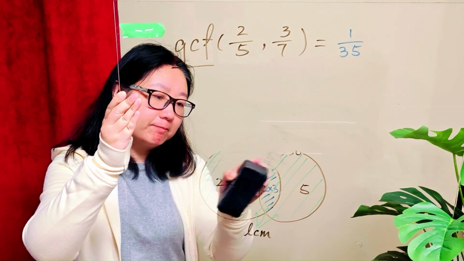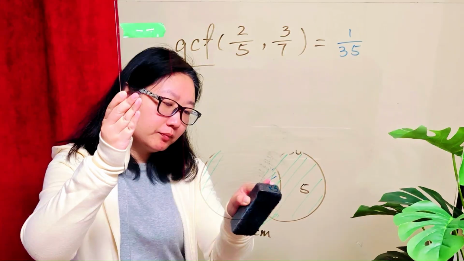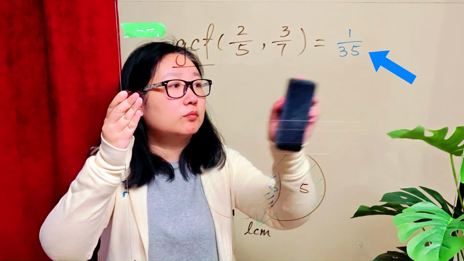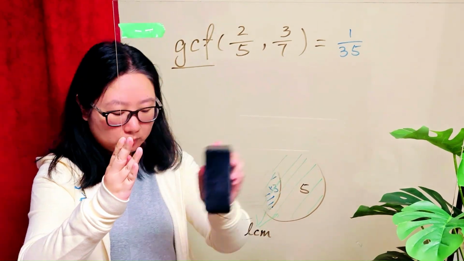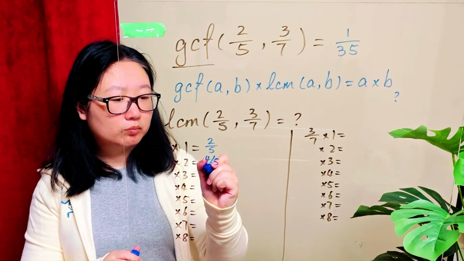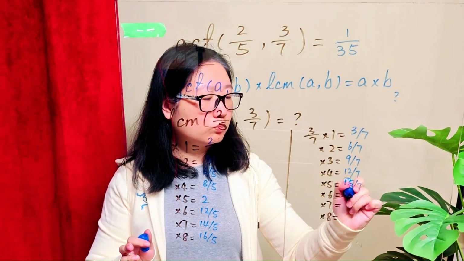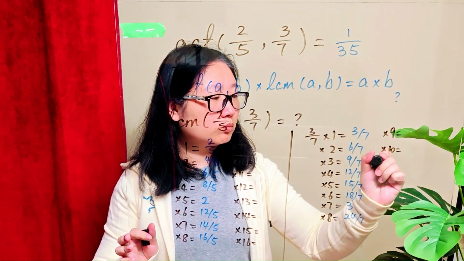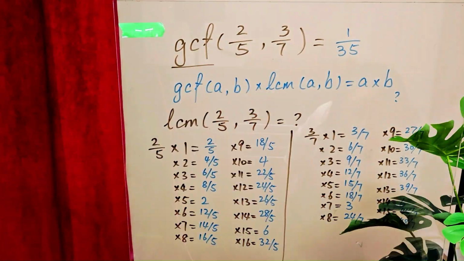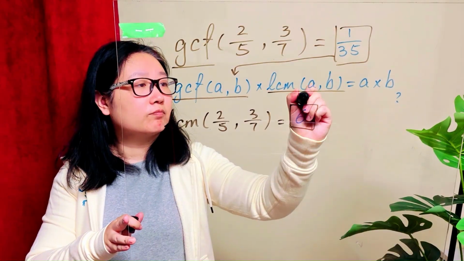Is that going to affect how the formula works? We know the greatest common factor from earlier, verified by the Euclidean algorithm as well. We can also find the least common multiple just by listing multiples of each of them. Let's check the formula.